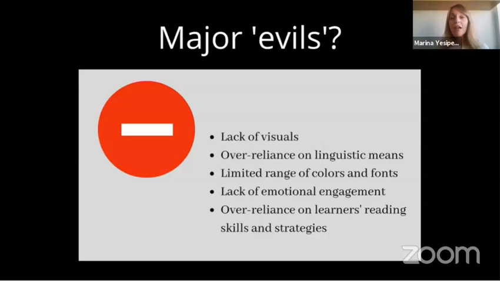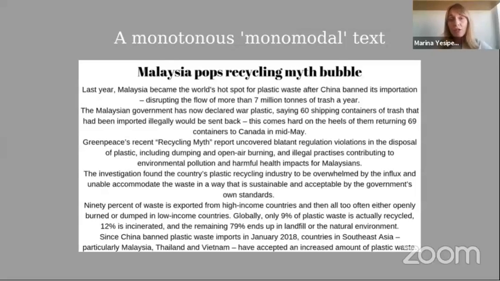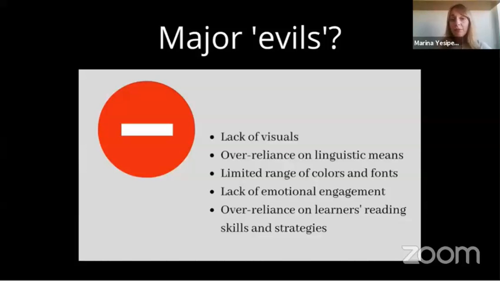What do you think? Over-reliance on linguistic means, which means that if I don't know some words, for example, I don't understand what kinds of blatant means or violations, I won't be able to get what's happening in Malaysia. Next thing, limited range of colors and fonts. Well, gray, dark, and white, and black.